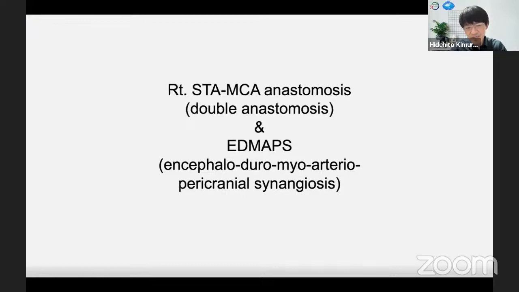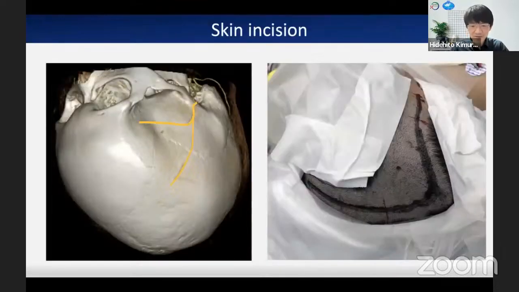In this moyamoya disease patient, we perform not only the double barrel anastomosis, STA-MCA bypass, but also the indirect revascularization, encephalo-duro-myo-arterial pericranial synangiosis. The skin incision is like here, and both STA grafts were harvested under the microscope.